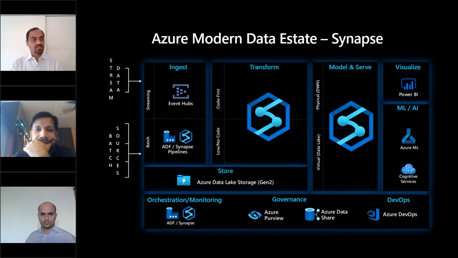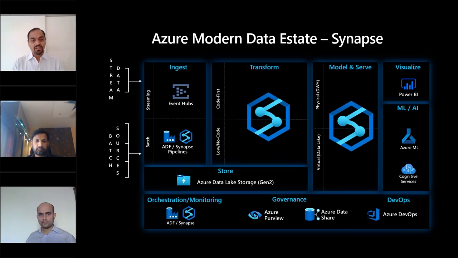When you talk about visualization, we know that there is a component called Power BI, which has been effectively used for years from Microsoft, and is now embedded as part of Synapse. We have Azure Machine Learning and Cognitive Services available as part of Synapse.